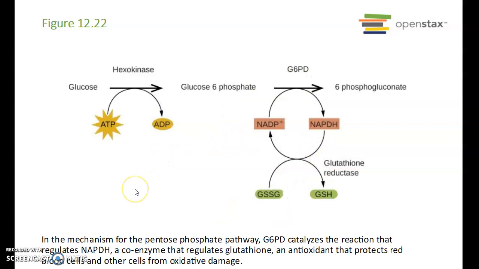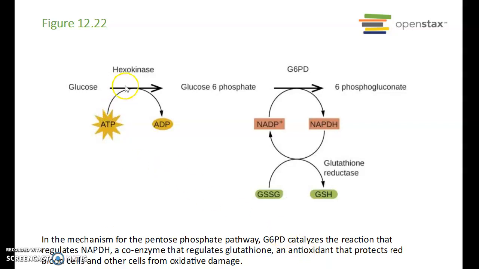The mechanism for the pentose phosphate pathway, and this is G6PD, glucose 6-phosphate dehydrogenase, catalyzes the reaction that regulates NADPH, a coenzyme that regulates glutathione, which is an antioxidant that protects red blood cells from oxidative damage.